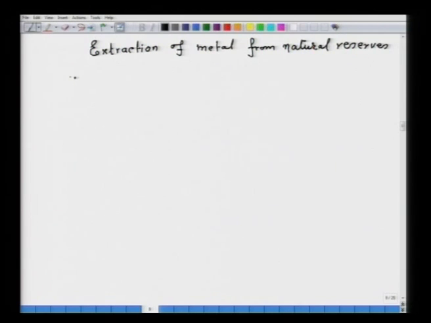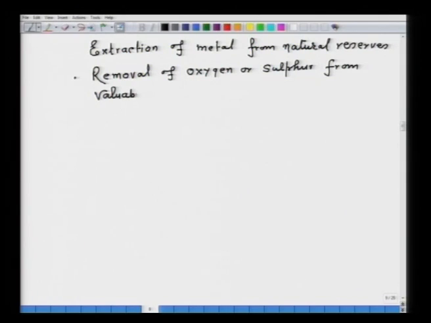The first step is removal of oxygen or sulfur from the valuable mineral, because we are interested, for example, in the ore of iron, only in iron and nothing else.